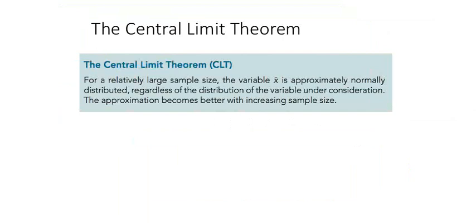The approximation becomes better with increasing sample size. So a very small sample of size 5 students certainly wouldn't be as good as a sample of size 100 students, or even 1,000 students. As we get a larger and larger sample size, we're able to get a better and better picture of what the population looks like. Well, this stands to reason.